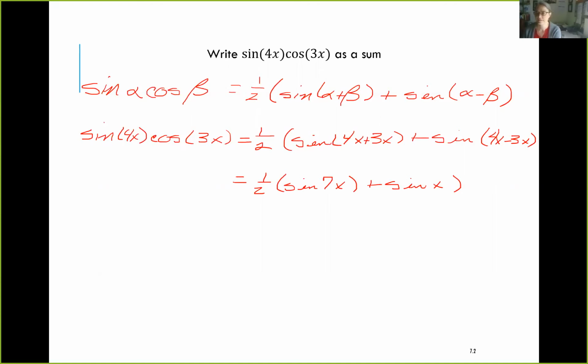So 1/2 sine 7x plus 1/2 sine x. Okay, that's one way to apply these identities.